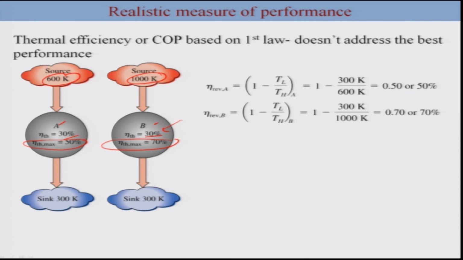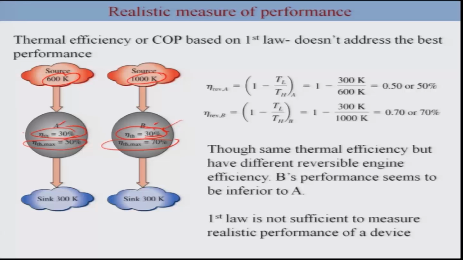We need a better way to represent thermal efficiency, because this is not giving us an indication of performance, considering that they both have the same value but different corresponding maximum thermal efficiencies. Thus, we need a better way to represent the performance of the devices.